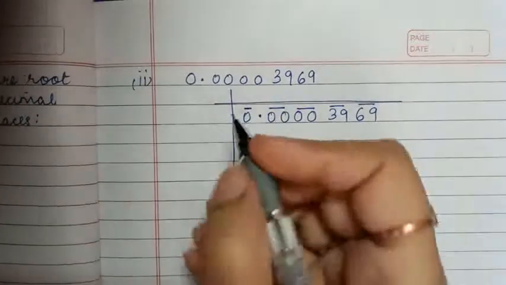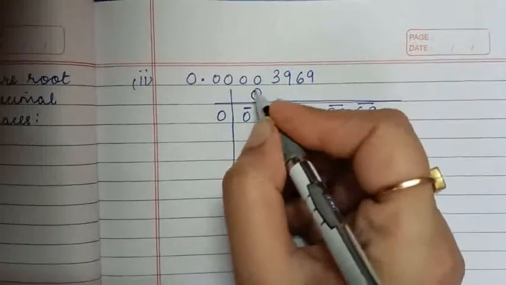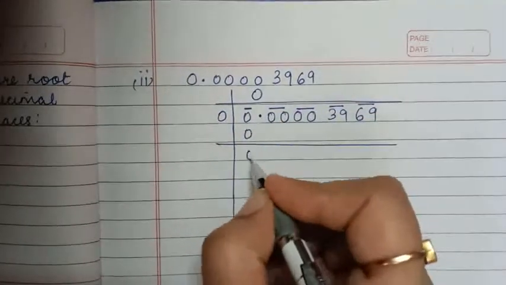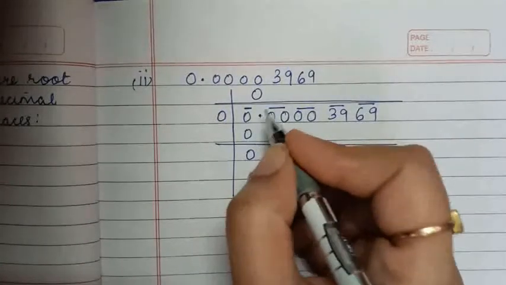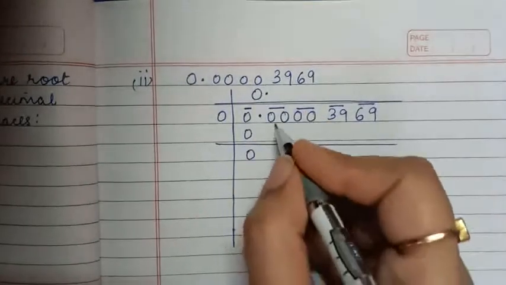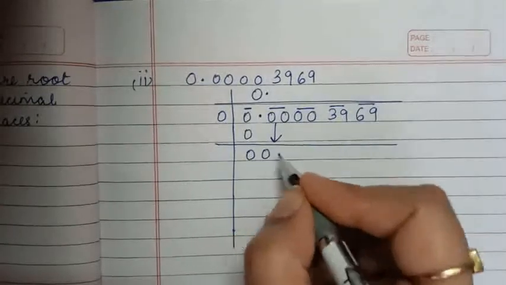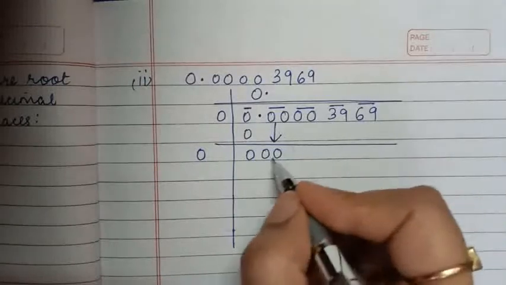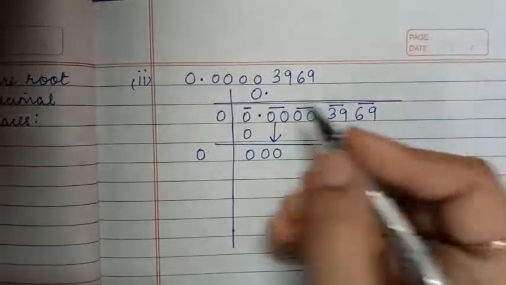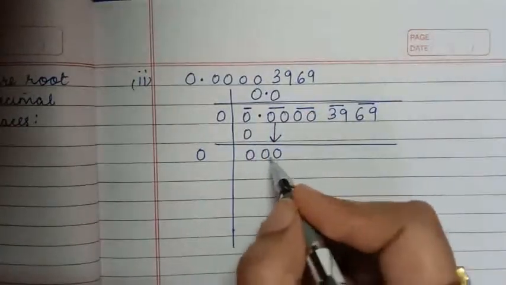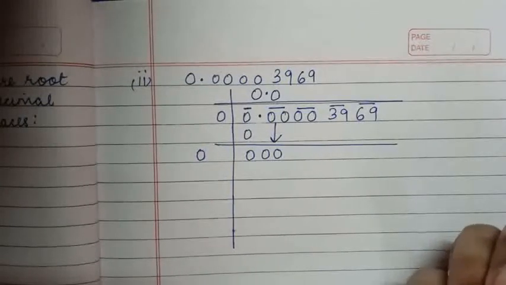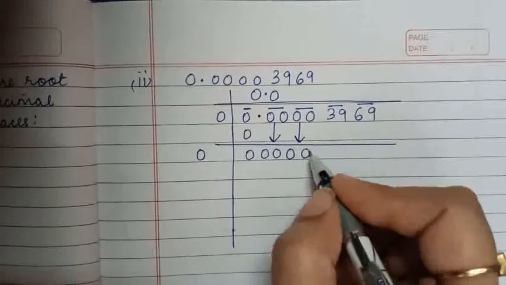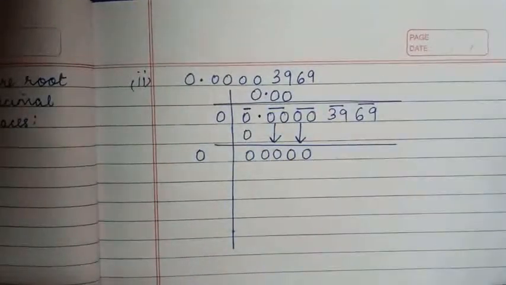Now we keep 0 because 0 times 0 is 0. Subtract, it will be 0. Now we keep the decimal here and copy the next pair, 00. Double of 0 will be 0 only, because 0 multiplied by 0 is 0. Then again we copy the next pair, double 0, and again keep 0 here in a similar way.